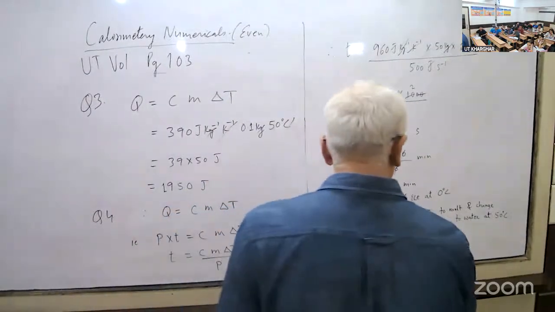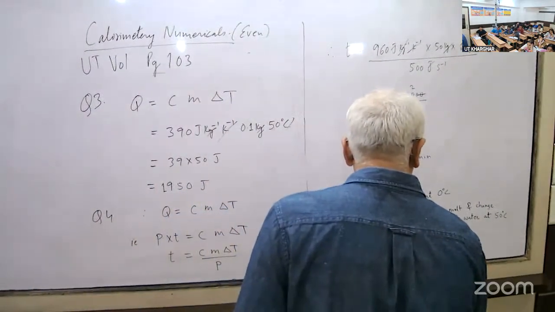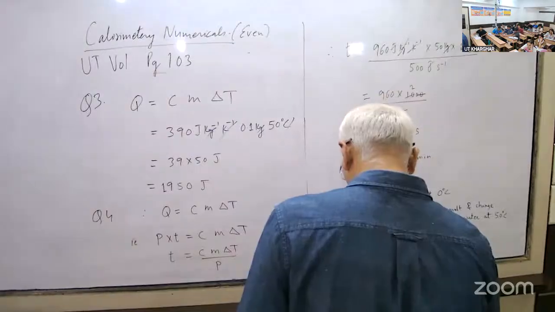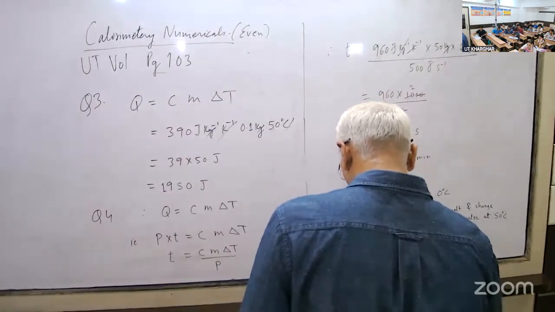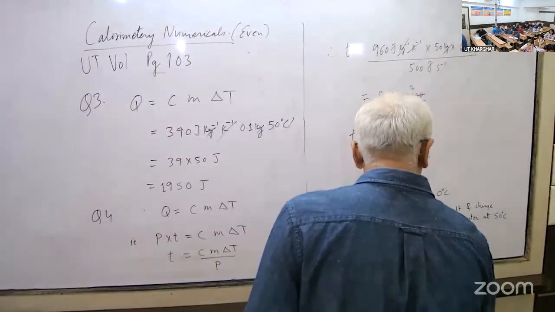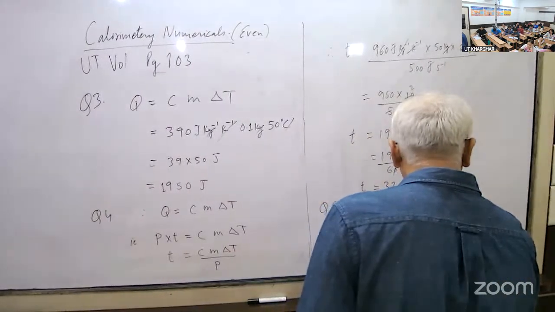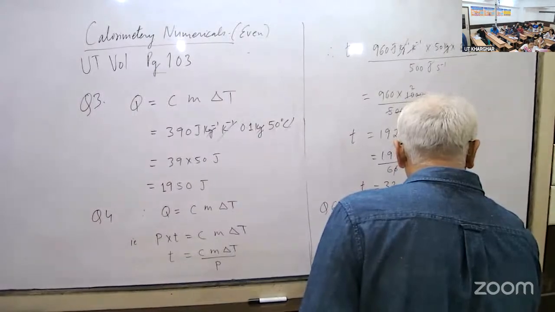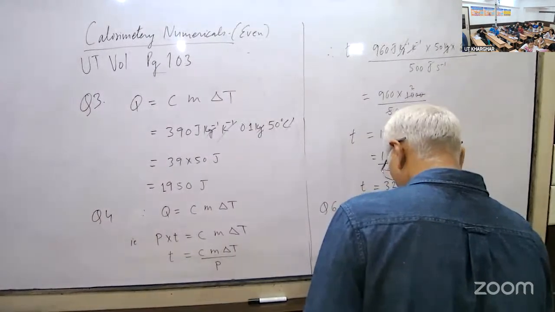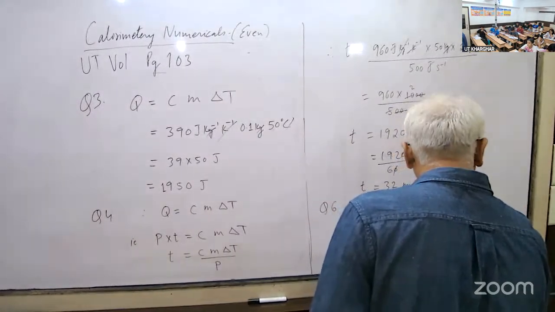So this is 336. What is mass? 10 gram. This is 4.2 into 10 into delta T is 50.